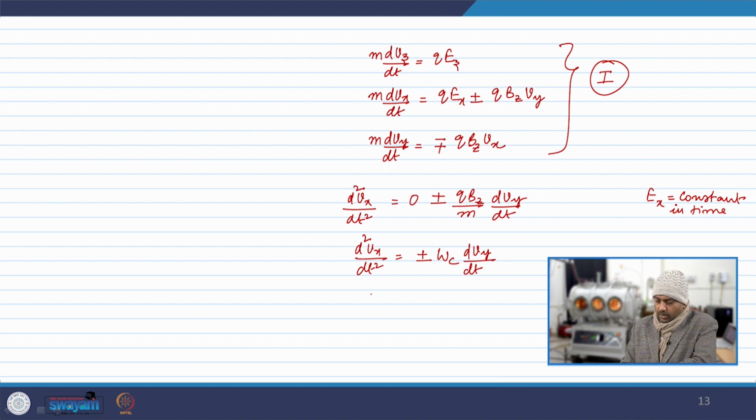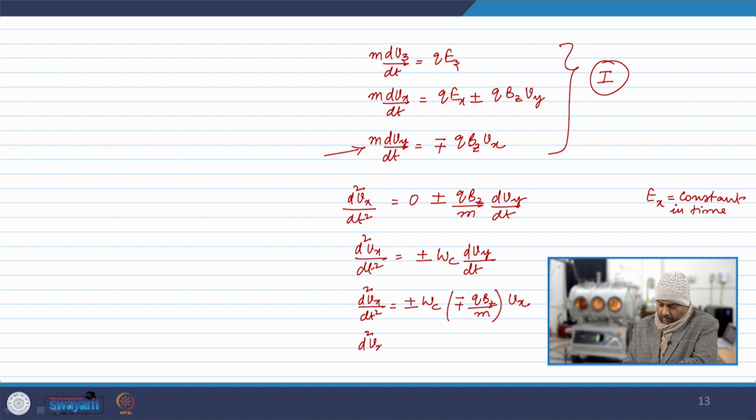Now, we will use dvy by dt here. From this equation, we will substitute on the right hand side. Then d square vx by dt square is plus minus omega c, and dvy by dt is minus plus q Bz by m times vx, right. So, this is multiplication within the bracket.